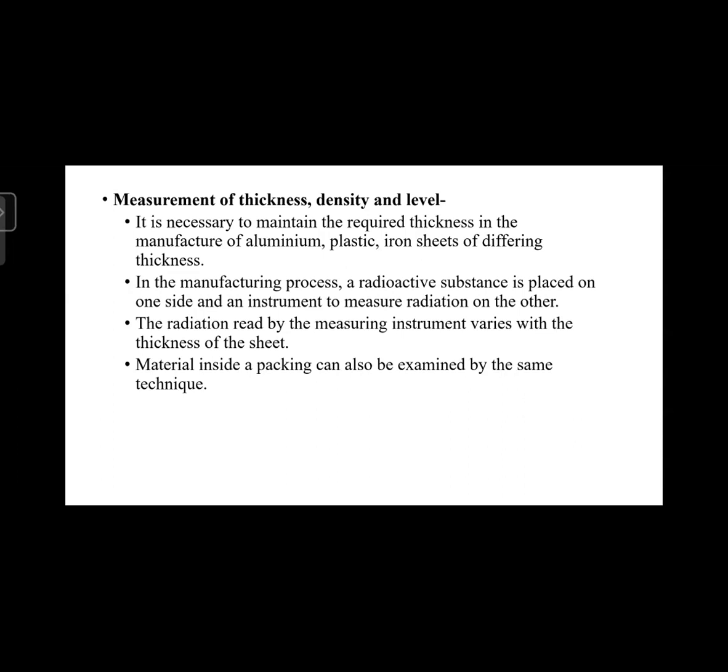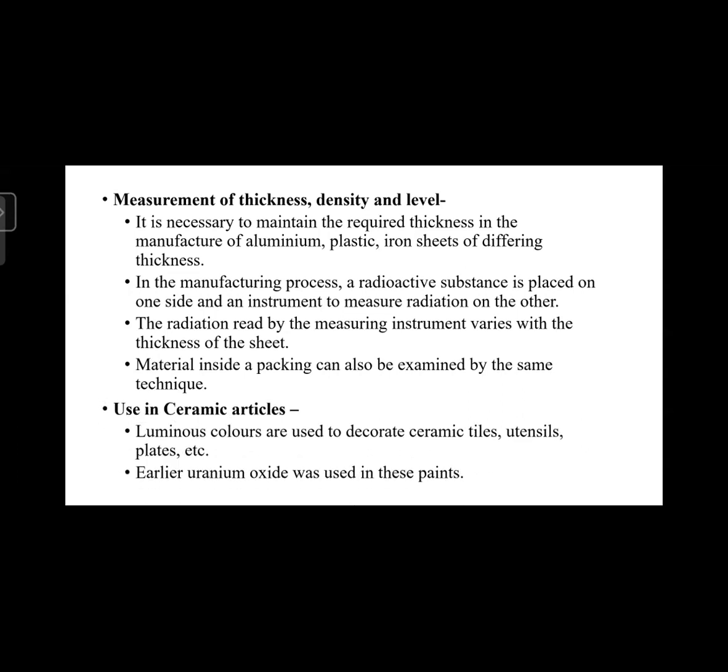Now, when radiations are passing, the radiation read by the measuring instrument will vary with the thickness of that particular sheet. Also, material inside the packing can be examined by the same technique.